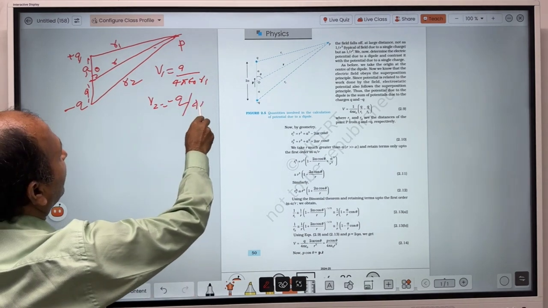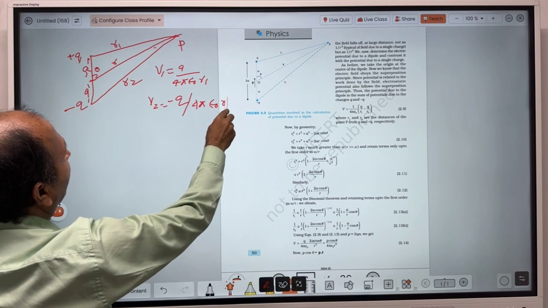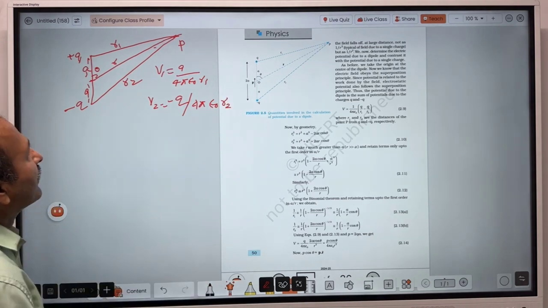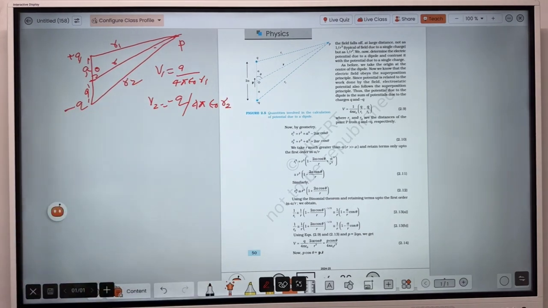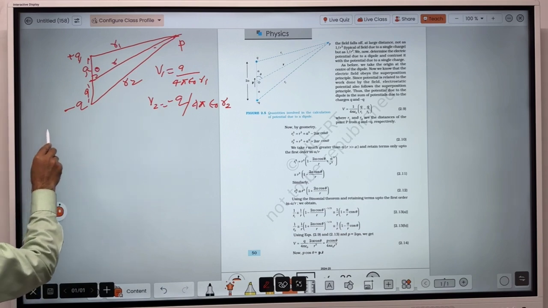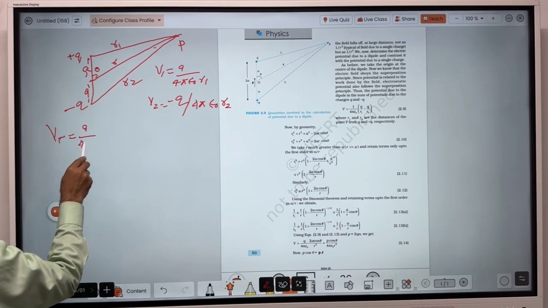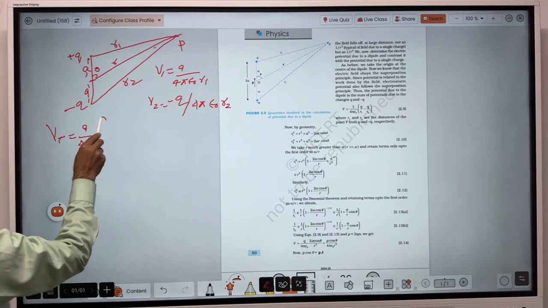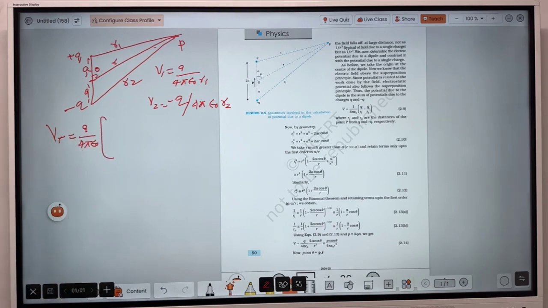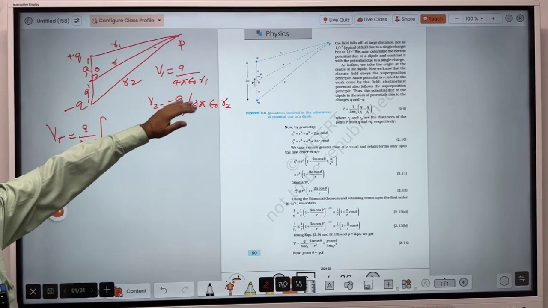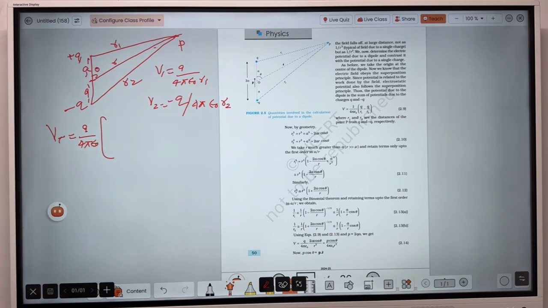So this will become 4 pi epsilon naught R2. So V total will be equal to Q upon 4 pi epsilon naught, you can take out. Then what is left? If you take Q upon 4 pi epsilon naught outside, 1 upon R1 minus 1 upon R2.